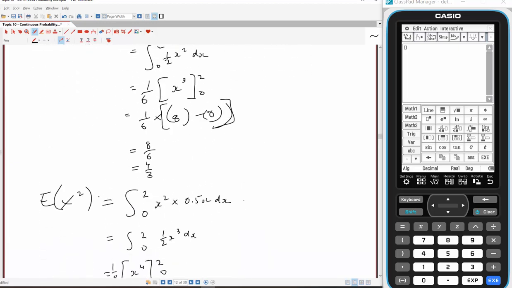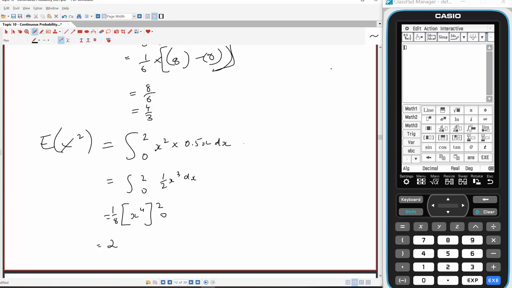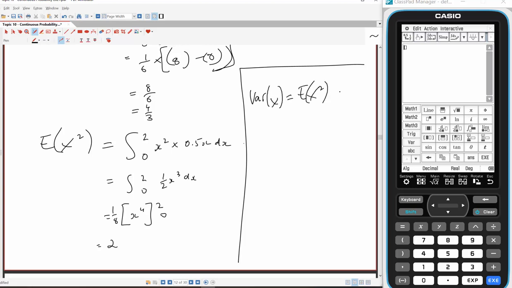Okay, so let's now work out the variance. It equals E of X squared, take away mu squared. So E of X squared is 2, take away mu squared. Now mu we worked out was 4 on 3, so that's going to be 16 over 9.